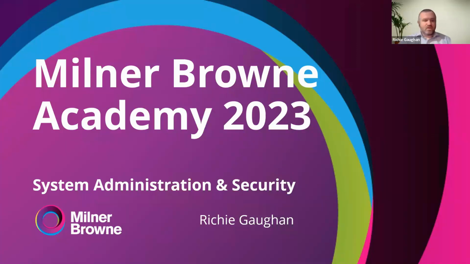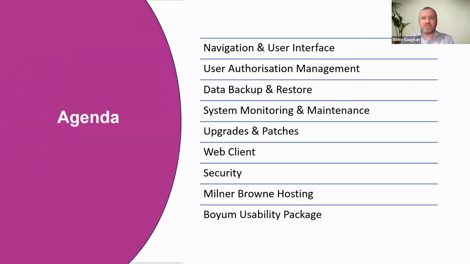Okay, so if that's okay, we'll get into today's agenda and just go over what we're going to cover. So we're going to begin by looking at how to navigate the system, what elements there are of the user interface, and really how you can maximize how you're using that. So many of you will be using the system for a number of years.